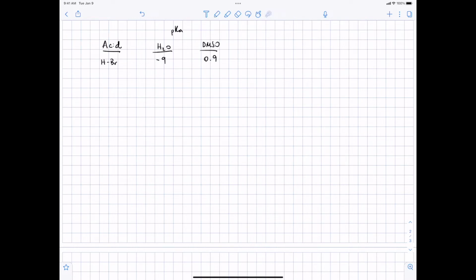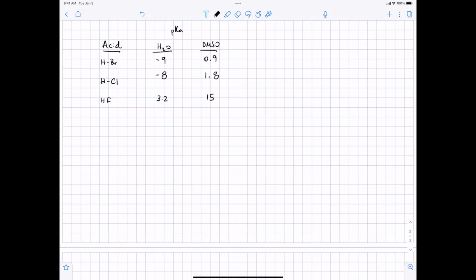And that's related to, again, the fact that, well, hold on, let's keep showing you the trend. HCl has a pKa in water of -8. In DMSO, it's 1.8. HF has a pKa of 3.2 in water. In DMSO, it's 15.